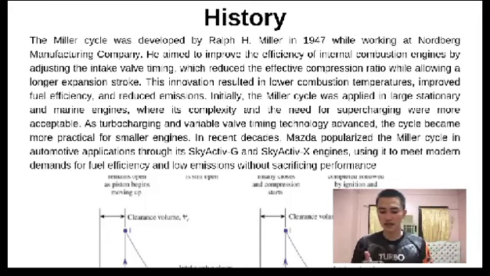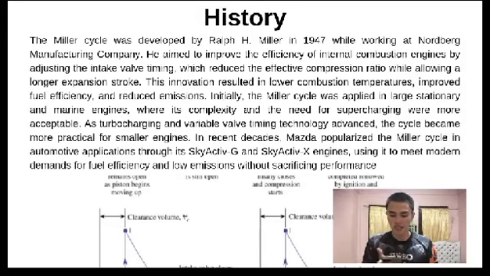By either delaying or advancing the closing of the intake valve, the cycle achieves a lower compression ratio and higher expansion ratio. This leads to lower combustion temperature, better fuel economy, and reduced emissions.